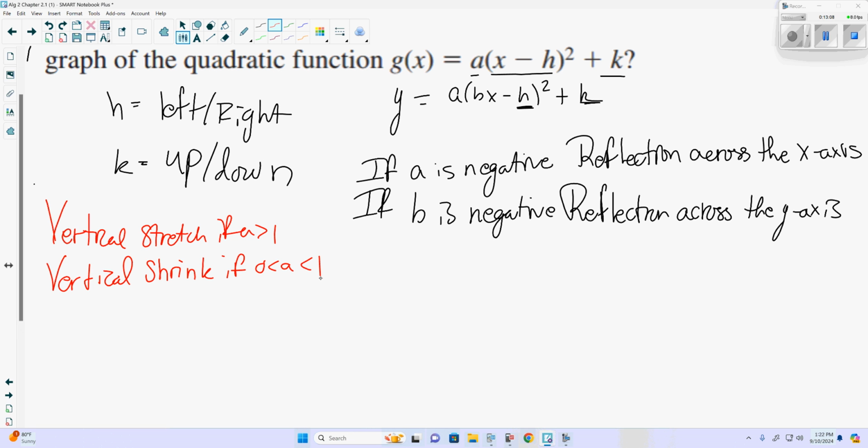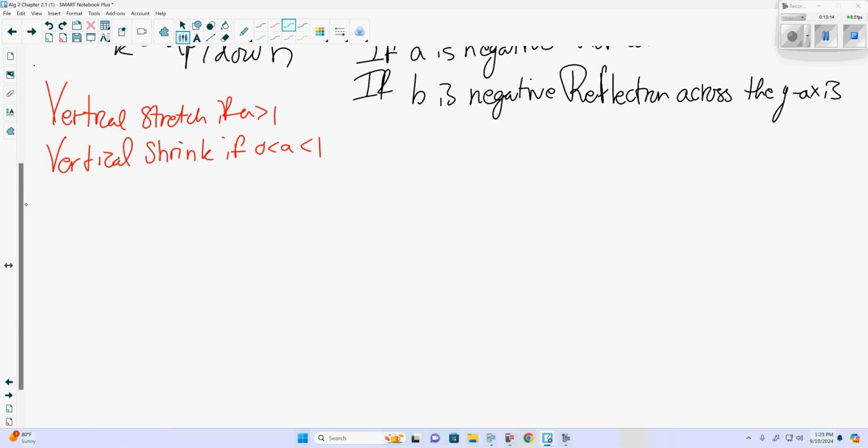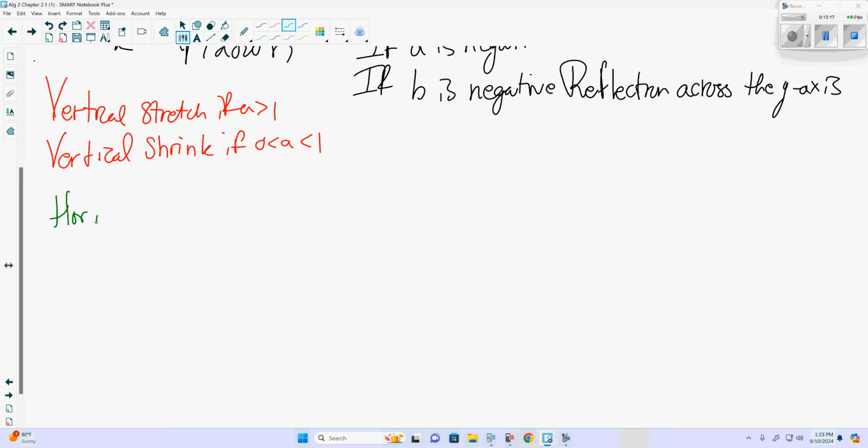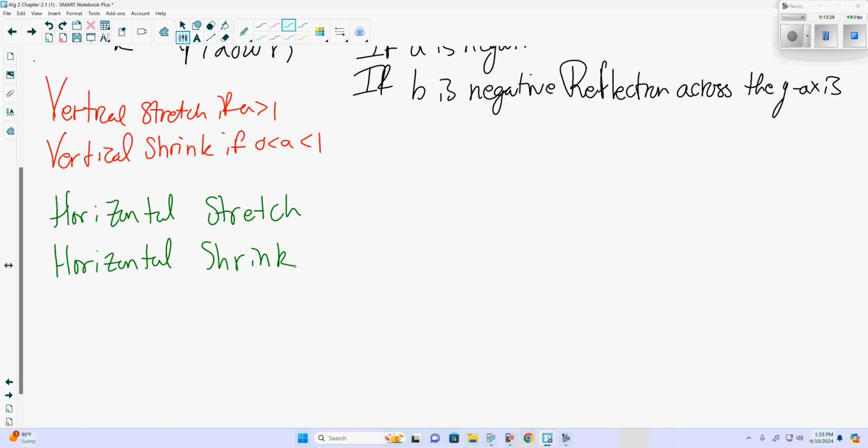Questions on horizontal or vertical stretch or shrink? Now, horizontal stretch or shrink is based off the B value.